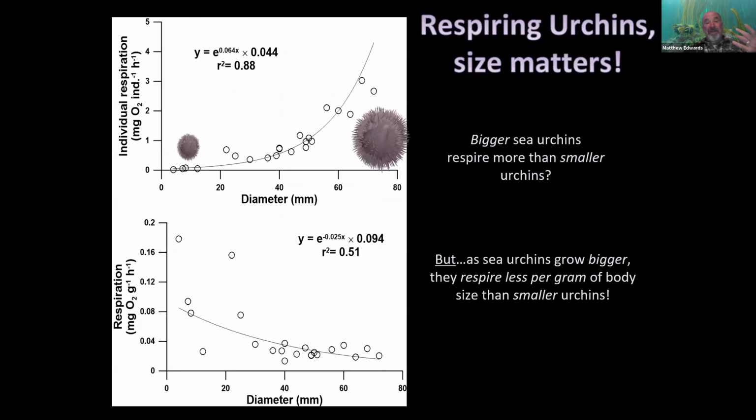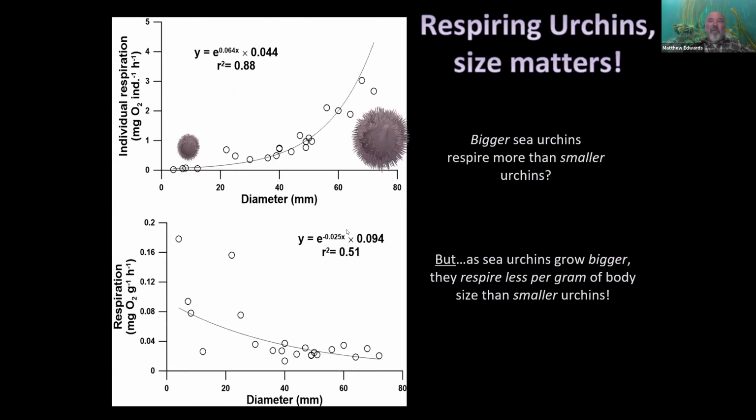That's important because when you look at the diameter of the urchins and their respiration rates, as urchins get bigger, they respire more. But if you look at the scaled urchin ones, so that efficiency, as urchins grow bigger, they respire less per gram. So although a bigger urchin respires more, per gram it actually becomes more efficient.